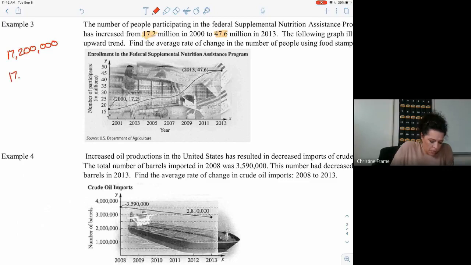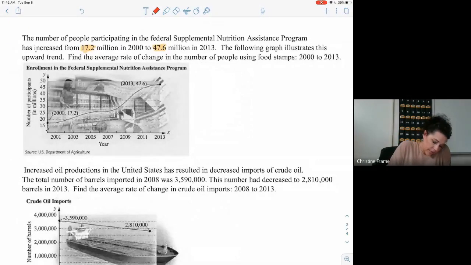But I would rather do math with 17.2 and just tack million on that. So we're increasing from 17.2 in 2000 to 47.6 in 2013. So that's a passage of 13 years, and it's gone up about 30.4.